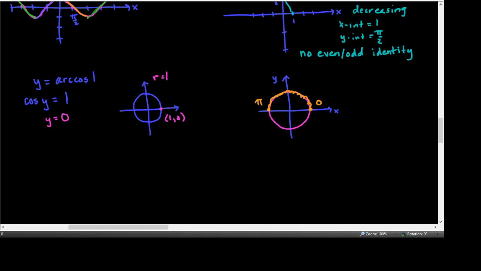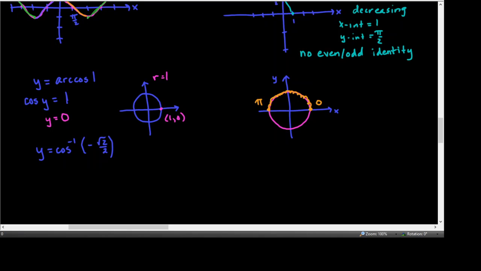Okay, let's do another one. Y equals cosine inverse of negative square root of 2 over 2. Okay, once you try this one, pause the recording and come back in a few minutes and see how you did. All right, let's see how you did.